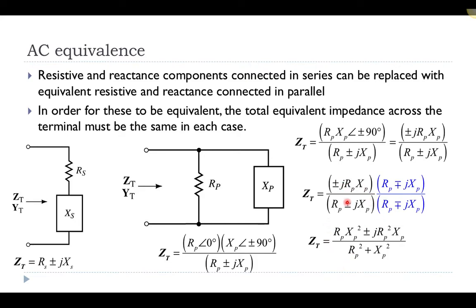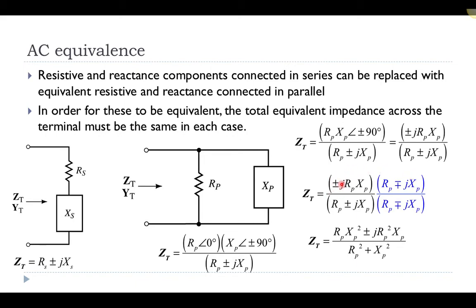So when I multiply the piece on the top by the resistive piece, I'm going to get the resistance squared times the reactance, and it's imaginary, right? So that's the plus or minus j. When I multiply the imaginary pieces together, j times j is a -1.